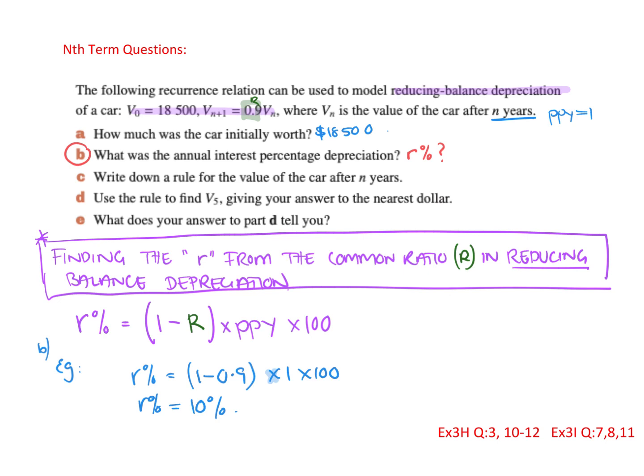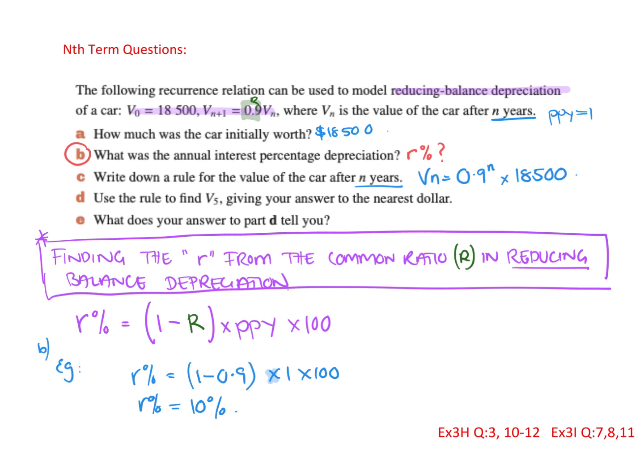It says write down the rule for the car after n years. So they want the nth term rule. So if you look at that, we'd write Vn equals R, which in this case is 0.9, to the power of n, times V0, which is 18,500. So I've looked at my formula sheet for nth term for reducing balance, and I can see that's what the formula is.